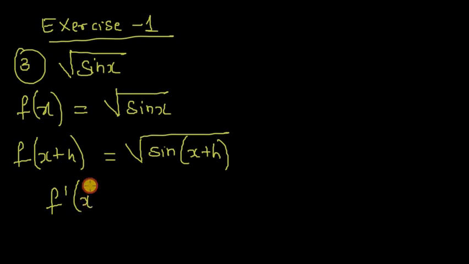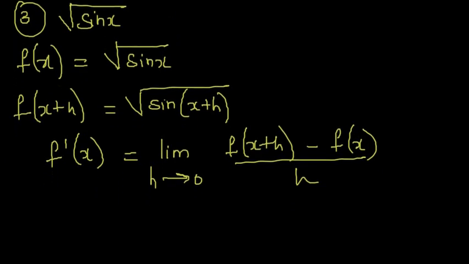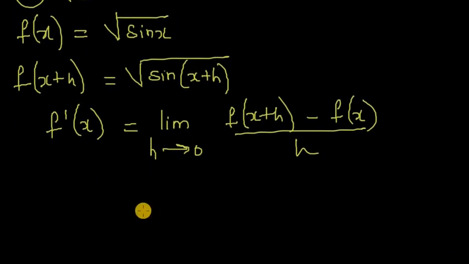So first of all, let's write the first principle. f dash of x equals limit h tending to 0 f of x plus h minus f of x upon h. So just put the values of f of x plus h. What is that?